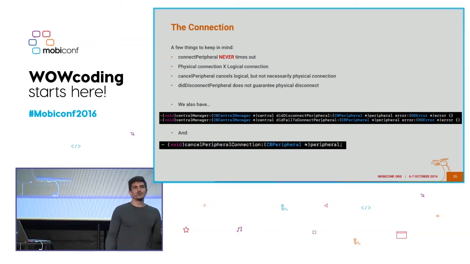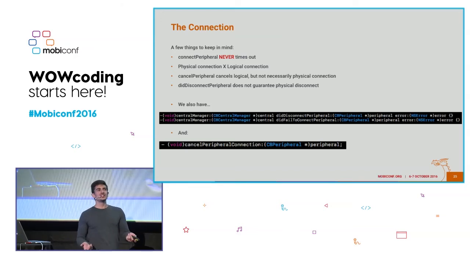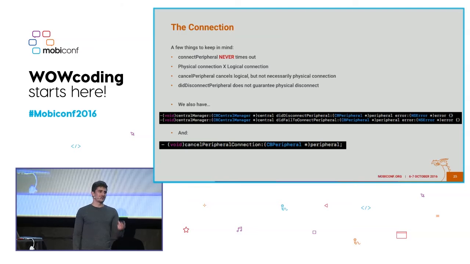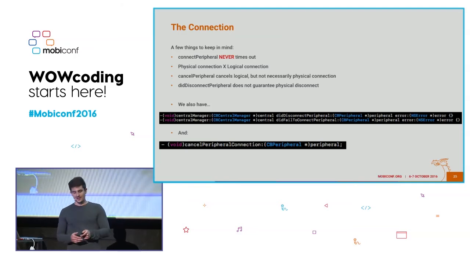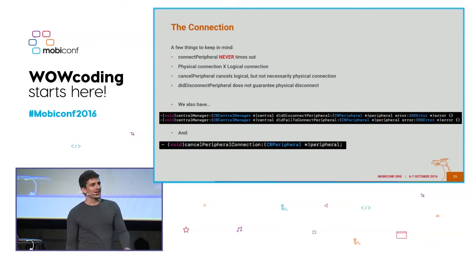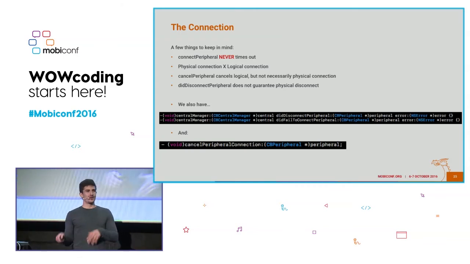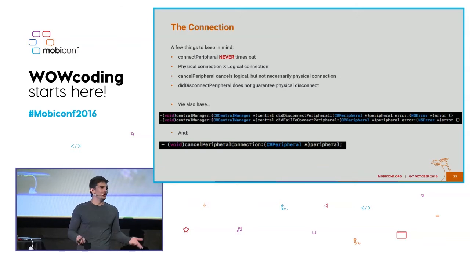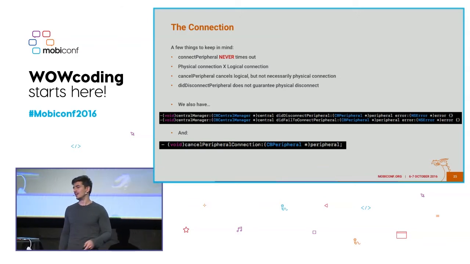But it doesn't tell you why, right? I mean, if you called it, it doesn't need to. But if you walk out of range, you don't know you disconnected because of that. And of course, someone will always tell you, again, you have to handle errors gracefully. If you walk out of range, I want to tell the user, you walked out of range, you just got disconnected. You can't do that. You don't know. There's no differentiation there.